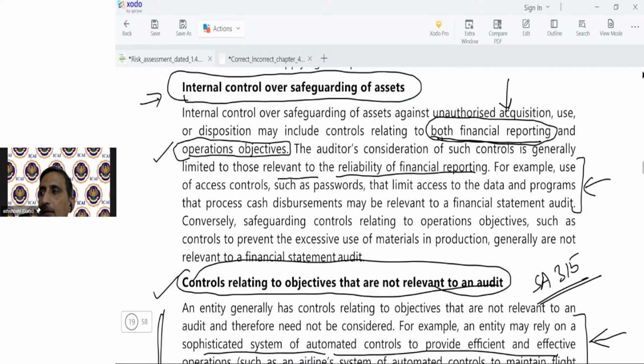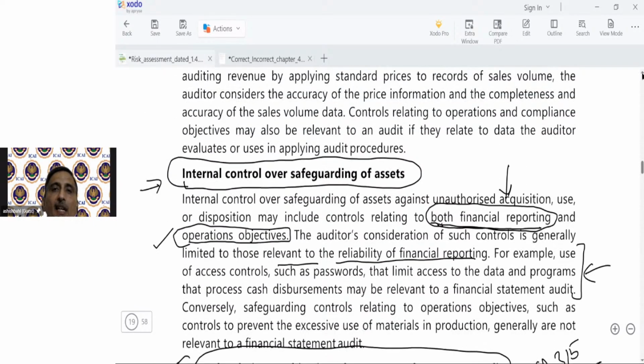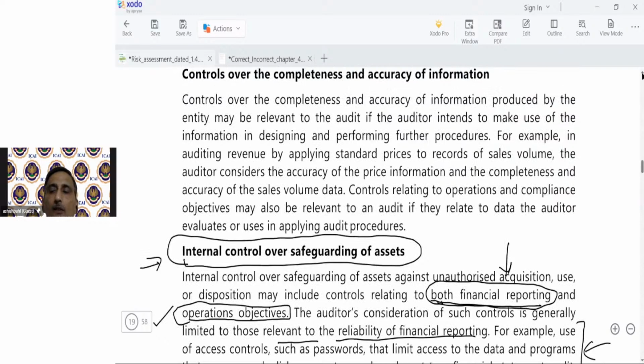The auditor is not ordinarily concerned with all these things, because he is concerned with what ultimately affects his opinion on the financial statements. Okay, clear guys? Is that clear?